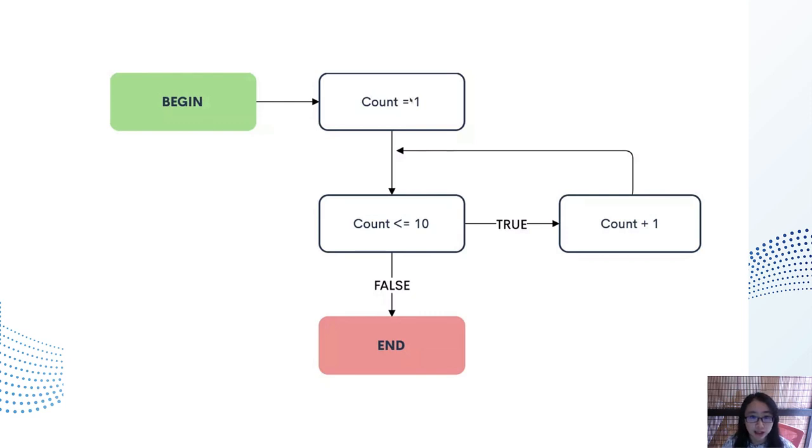We begin with a count with the value 1, and every time when the count is still smaller than 10, we add 1 onto this count, right? So this is the iteration. And when the count reaches 10, it will stop the process. So this is a very simple illustration of what we can do with a flowchart by just using the rectangular boxes.